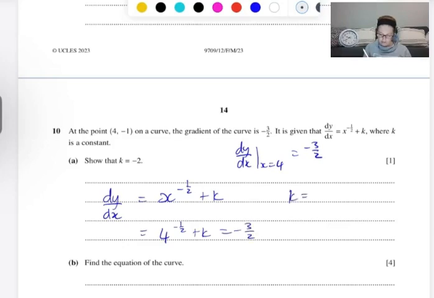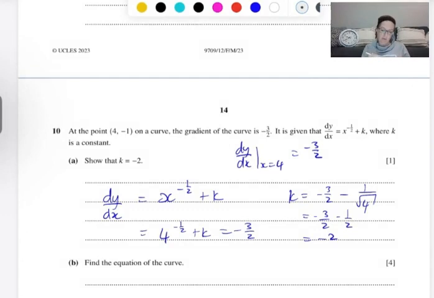So k is equal to minus 3 over 2 minus 1 over root 4, which is 2. And so minus 3 minus 4. Okay, so minus 1.5 minus a half is minus 2. Okay, and that's what they needed us to prove.